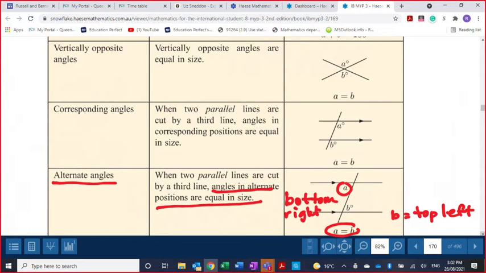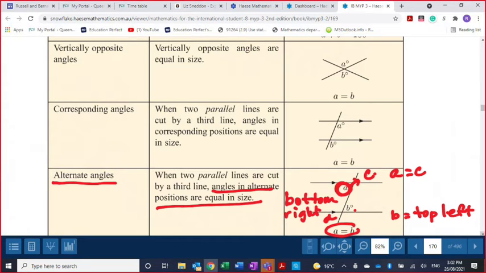Now, this might be easier to see if you think of the opposites. For example, if you have A here, then this angle on the other side, we'll just call it C. That means A is equal to C, right? And since C and B are in corresponding positions, if I had a D here, D and B would also be opposite angles. So you can expand the ideas, and we're going to see a whole picture in a minute.